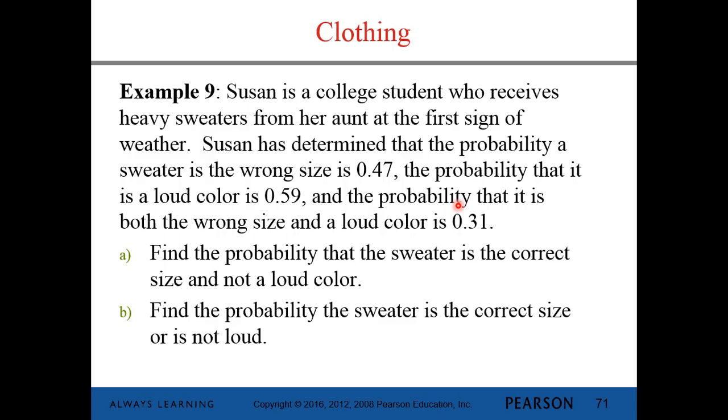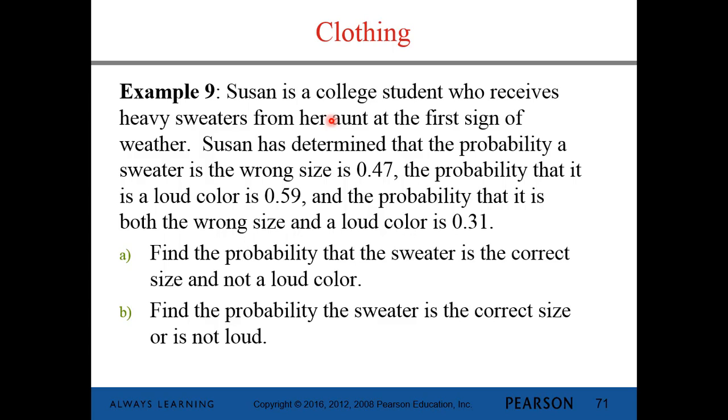Well, what's the probability that the sweater is the correct size and not a loud color? Guess what? We can use the Venn diagram to help us with this. So let's use a Venn diagram to help us answer these questions. Venn diagrams are used in sets, but we can also use them for probability because we take each of the numbers that fall in the sets and divide by the total number in the sample space.